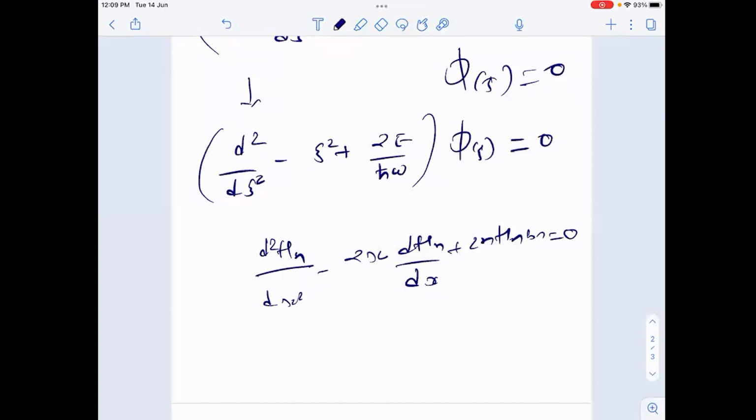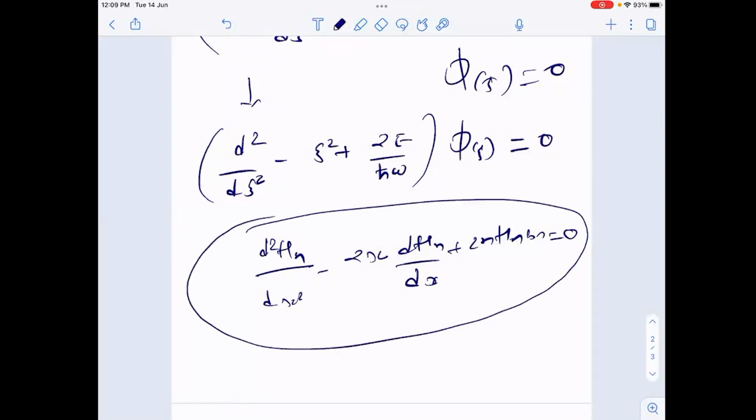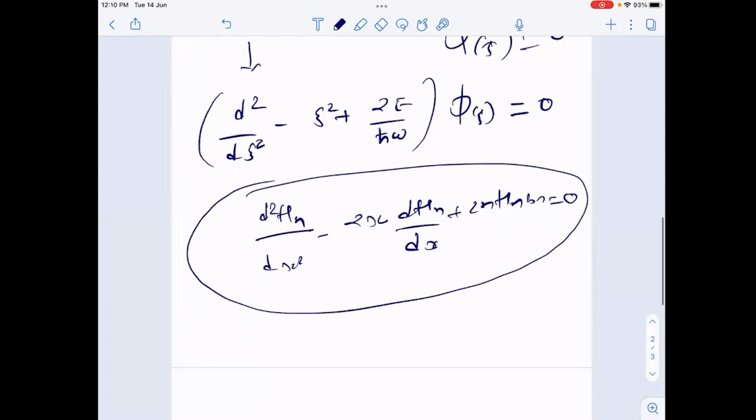This is Hermite's differential equation, right? So from the comparison of the above differential equation and with the help of Hermite's orthonormal function, I am talking about Hermite polynomial's orthonormal function, not Hermite polynomial itself, right? So that's a difference.